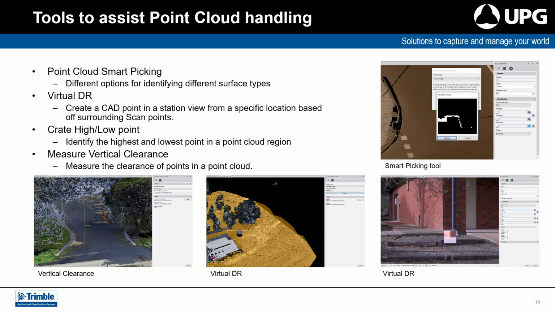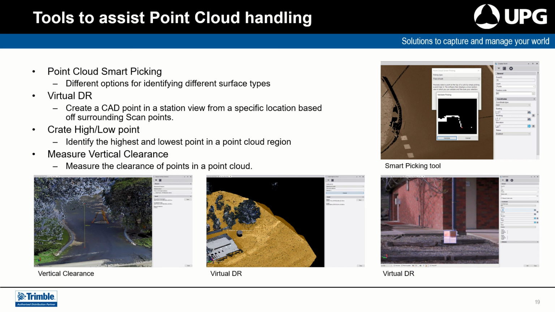You can then create a CAD point from the image behind, and as long as there's scan data surrounding that point at a reasonable level, the TBC will manually calculate a CAD point for that particular spot and create the CAD point at that location.